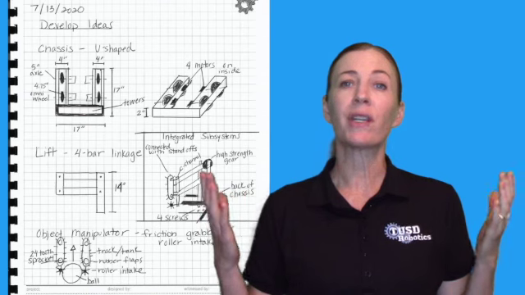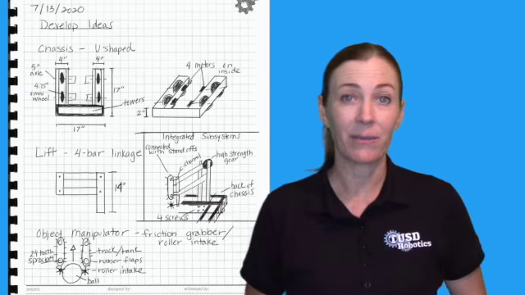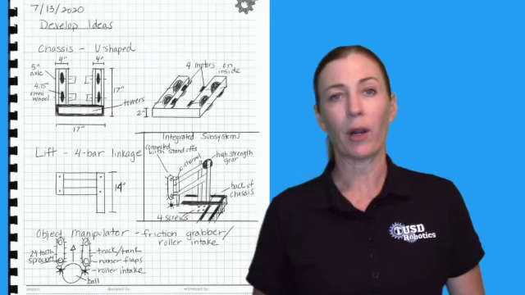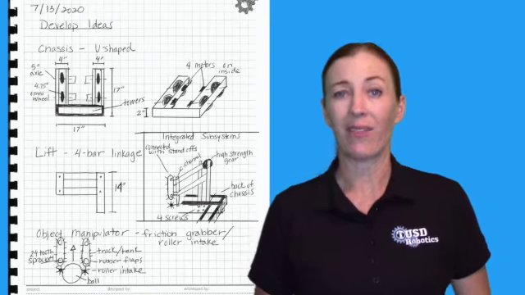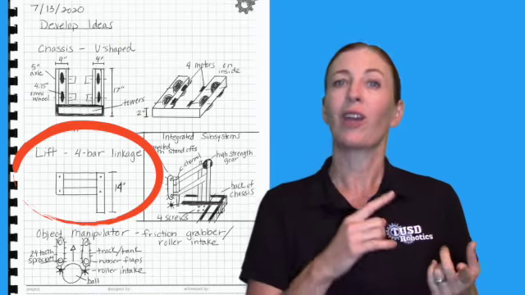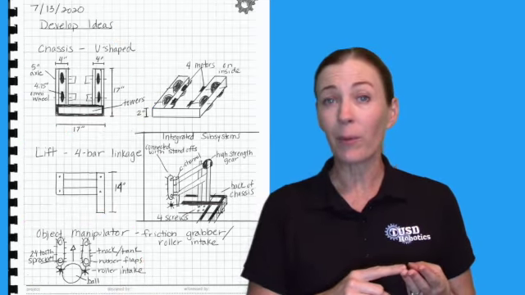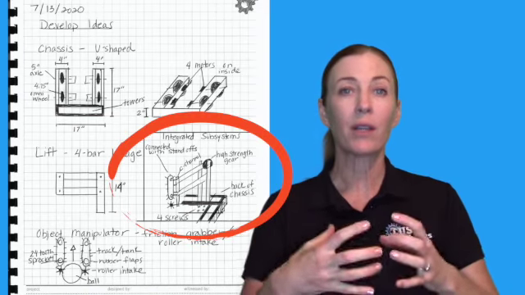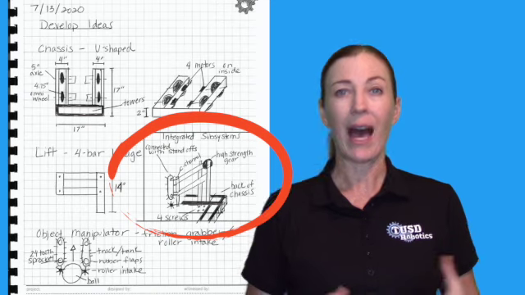So the big question is, how do you develop the ideas? Well, this can be done in a variety of ways, like everything else in your notebook. But the suggestion I'm going to have is that you sketch quite a bit, that you fully sketch out your chassis, your lift, your object manipulator, and then you include a 4th sketch of how these subsystems will integrate together. How are they connected?